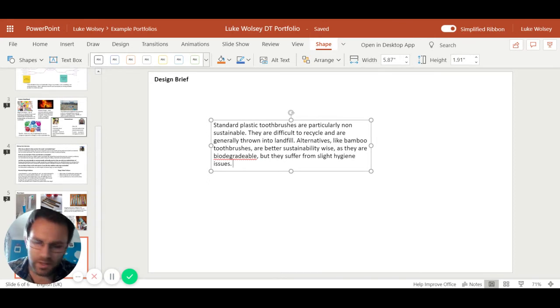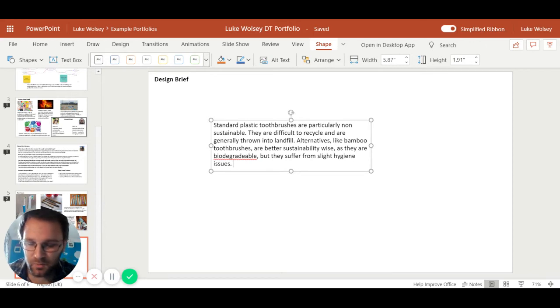What I will do now is I will have a look at the thing that could solve this problem. So I've stated the problem. What I'm not going to do though is be specific. I need to remain open-minded, open-ended.